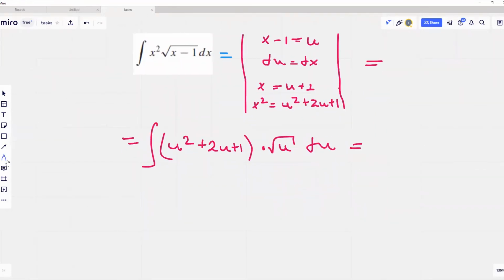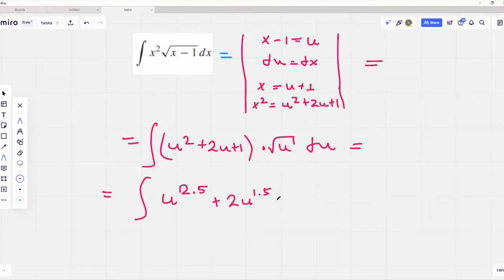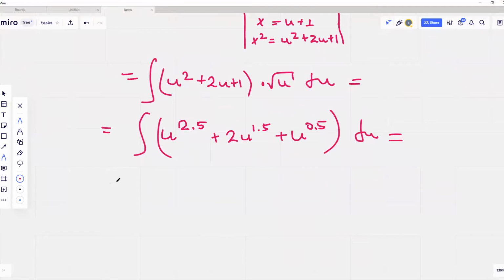All right, now let's write this into the following form by opening the brackets. We'll have u to the power of 2.5 plus 2u to the power of 1.5 plus u to the power of 0.5. All right, now using properties of indefinite integrals, we can take the integral of each term separately.